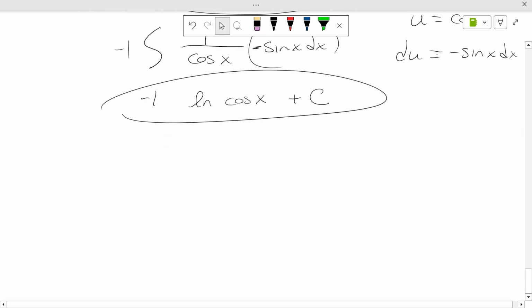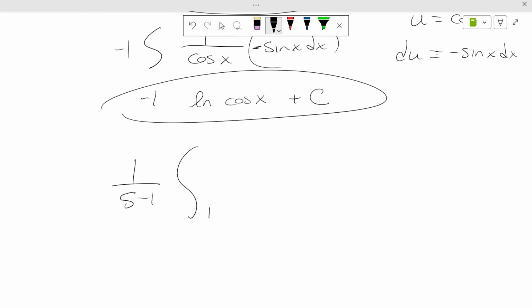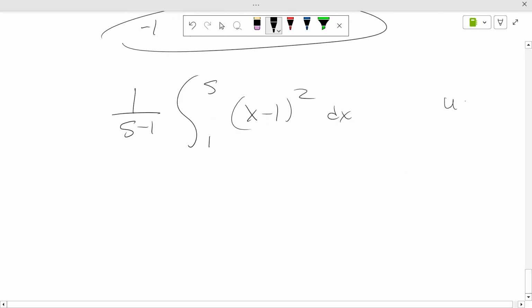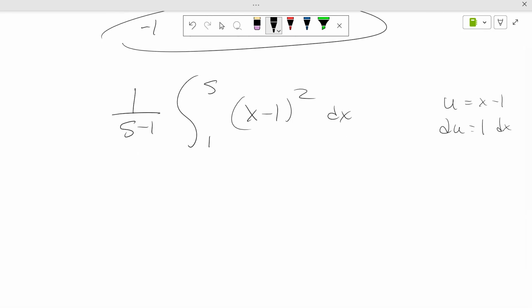Average value of a function. Average value is 1 over 5 minus 1, the integral from 1 to 5 of x minus 1 squared dx. All right. So if u is x minus 1, du is 1 dx, so you don't have to do anything there. Then integrate. So you get 1/4, and then it's x minus 1 to the third power. And what do you do when you raise it to the third power?